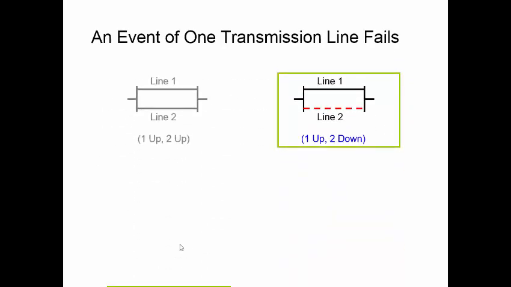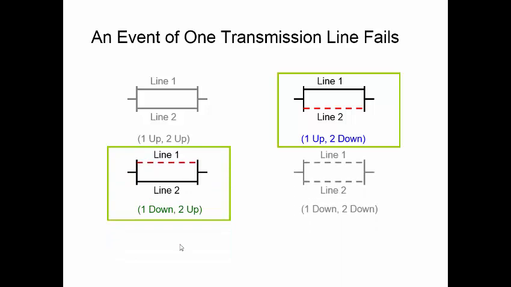And if you look at the example of the transmission lines, there were four possible states of this system, and if you pick the states 1 up 2 down, or 1 down 2 up, then this defines an event that one line is down or one line is up.